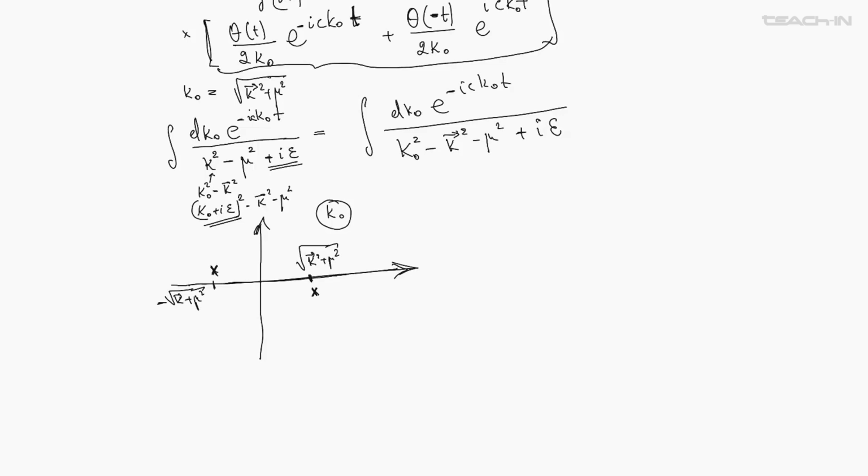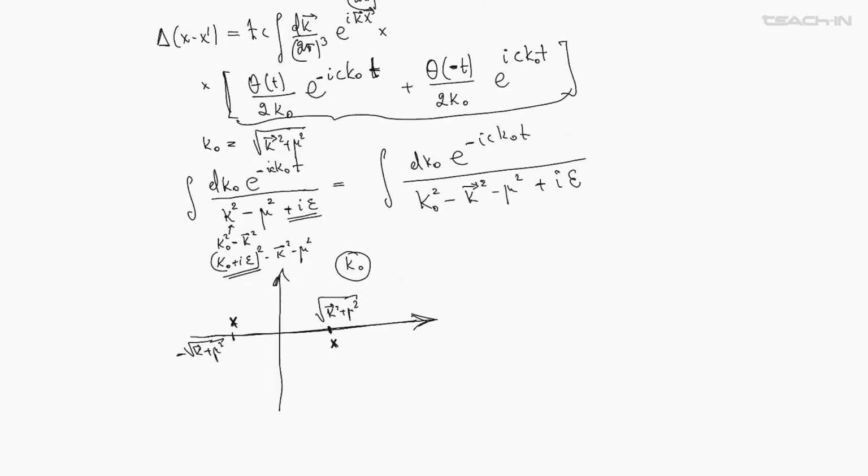Now, what is the purpose of such a different shift? The purpose of this shift is to actually, with this integral, realize the properties of this theta function. So one function should be equal to 1 when t is positive, and another should be equal to 1 when t is negative.